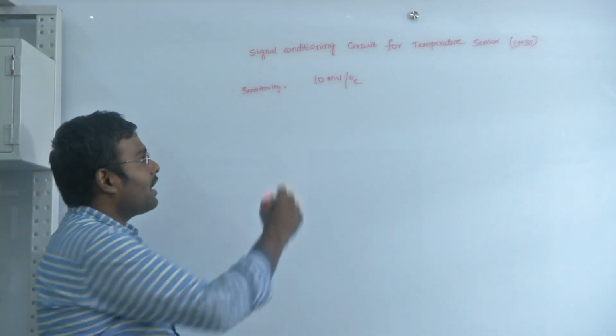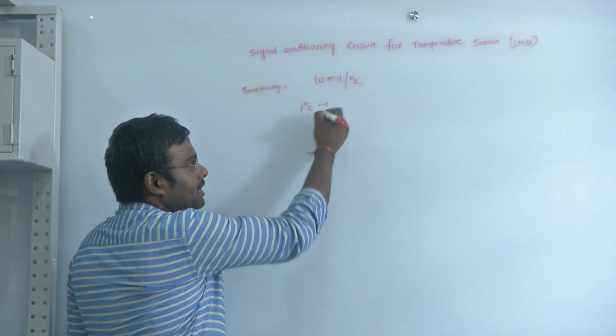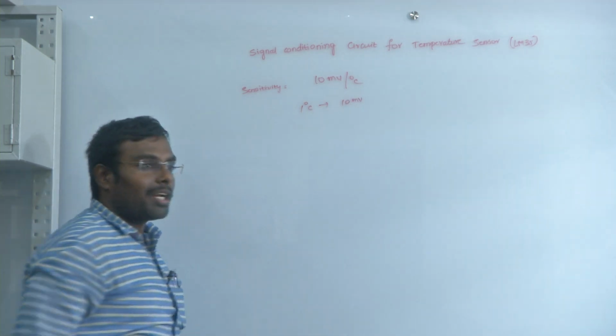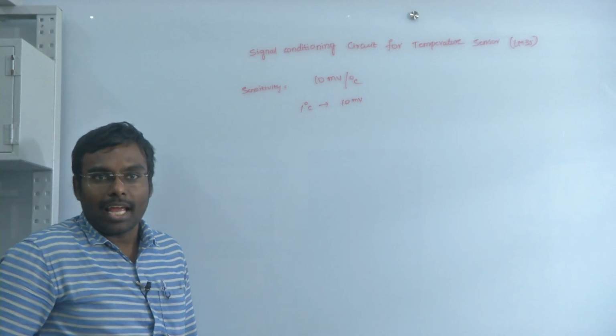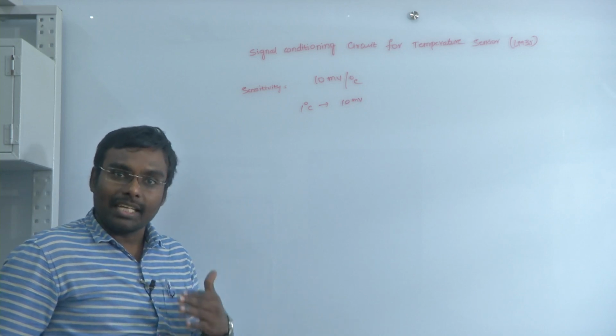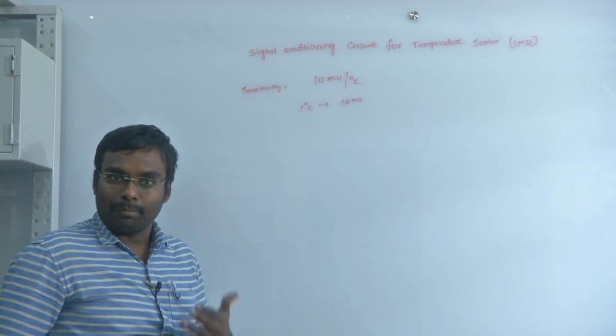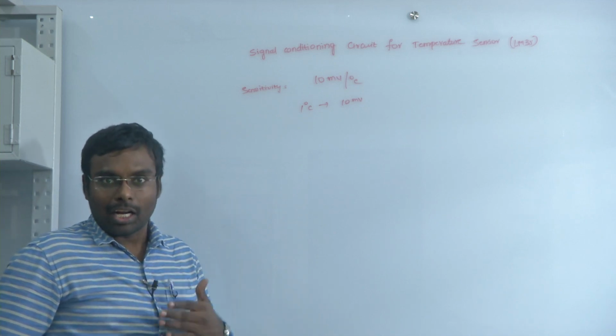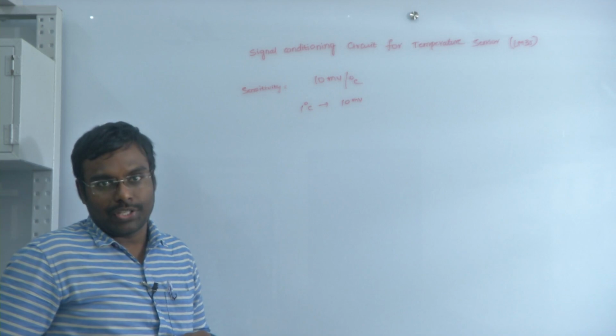What does it mean? For every 1 degree rise of temperature, it gives an output voltage of 10 millivolts. It is a semiconductor based temperature sensor, where the change in the physical parameter, in this case the temperature, is converted into an electrical output voltage, which is in the millivolt range.